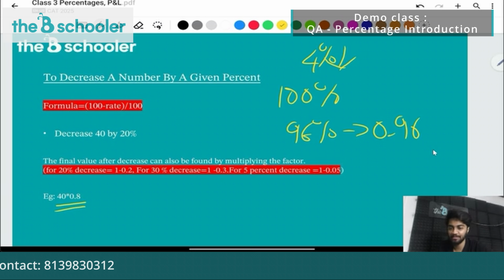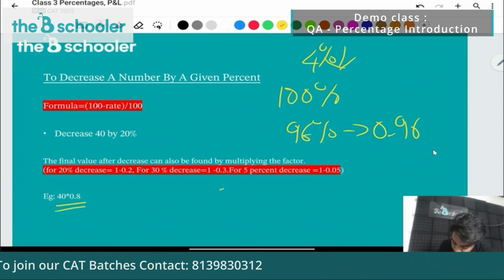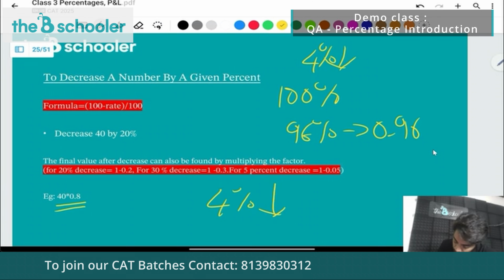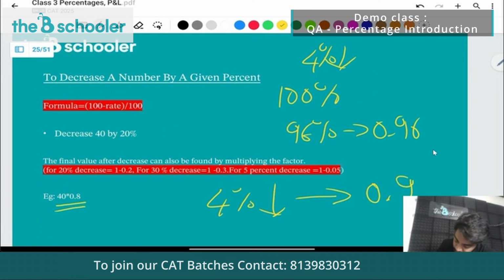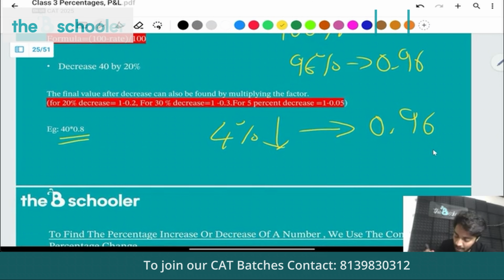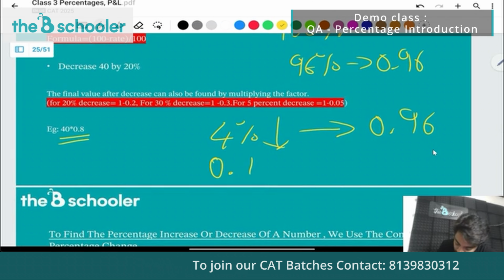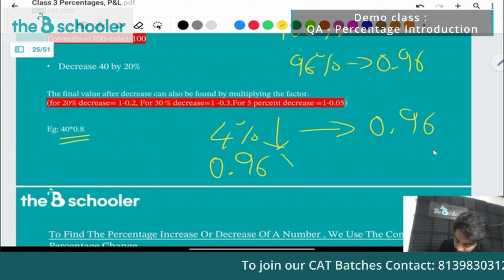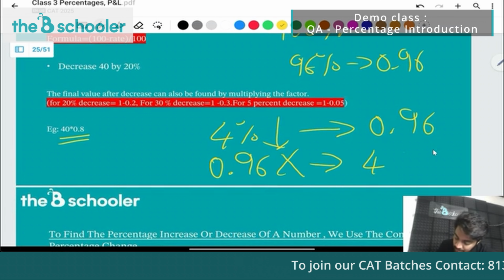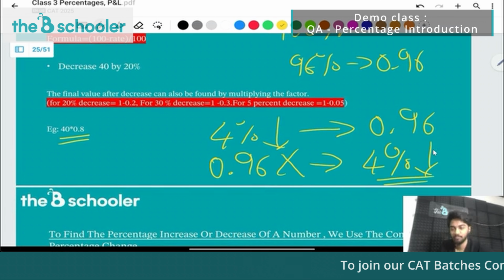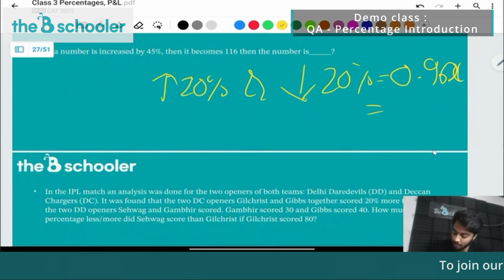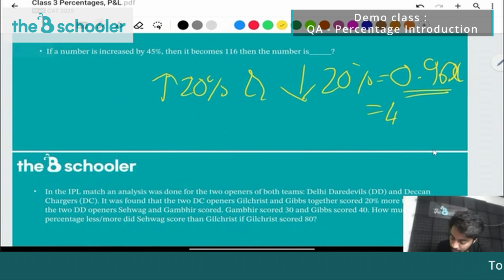Guys, just type yes if this is clear. Why is a 4% reduction 0.96 of something? So whenever you see a 4% reduction, you should be able to write it as 0.96 of x, and whenever you see 0.96 of x, you should be able to see it as a 4% drop. Both ways. Clear? So here, when you saw 0.96x, can we write it as a 4% drop of x?